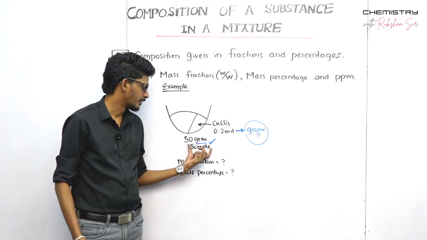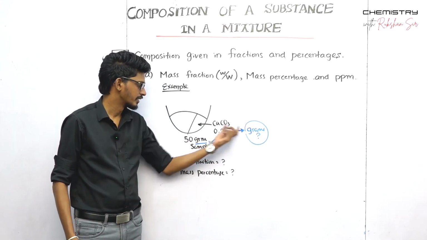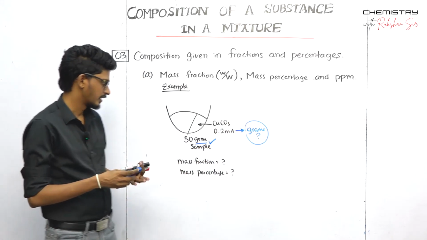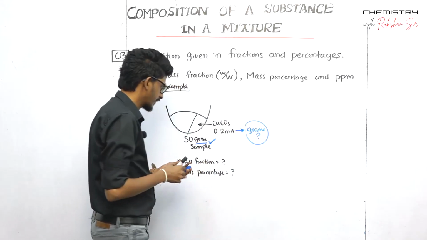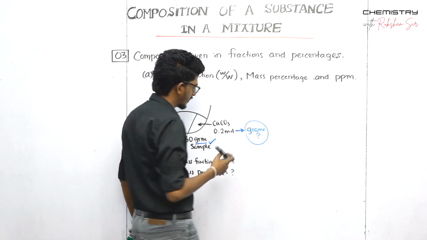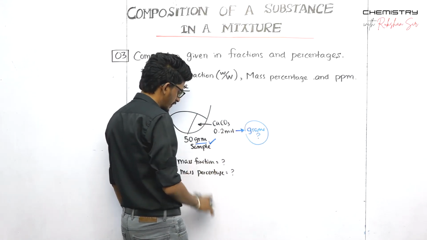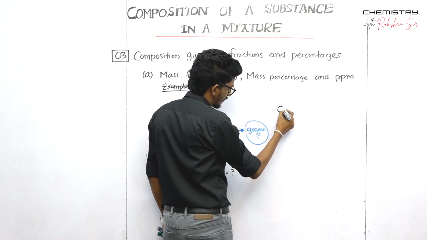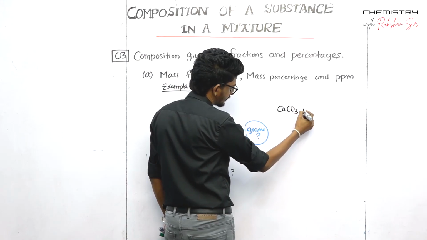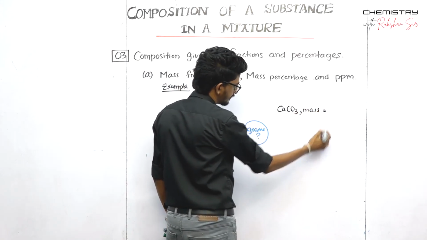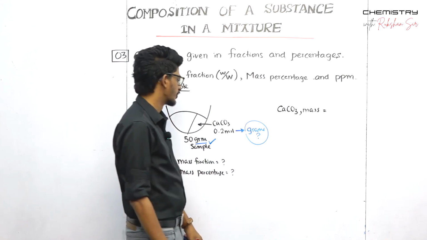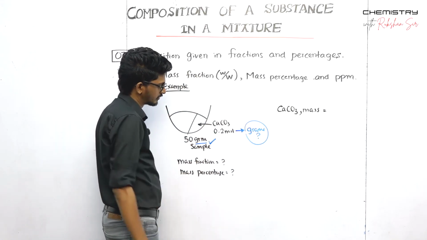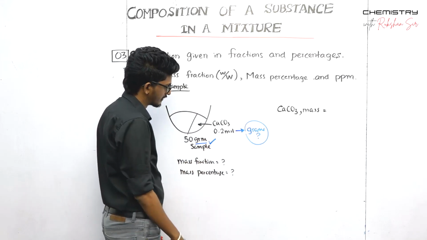With the same unit as the sample's mass, you have to come up with the substance's mass. So first we need the mass of calcium carbonate. For that, you need to combine the mole value with the g mol^-1 value to come up with some grams.